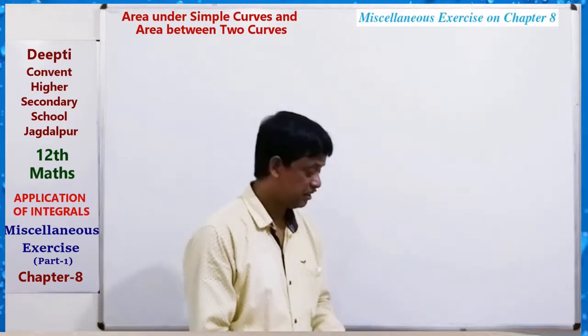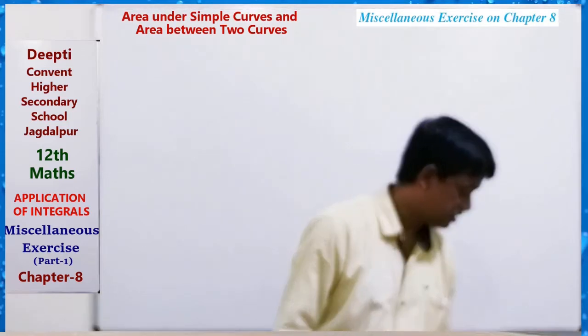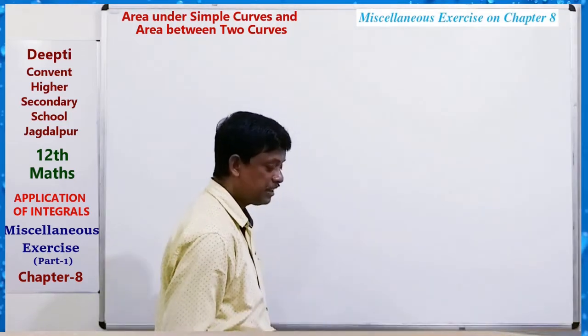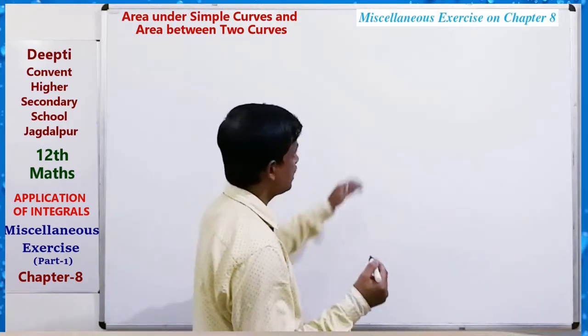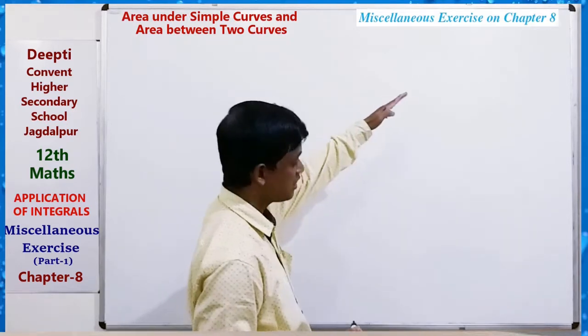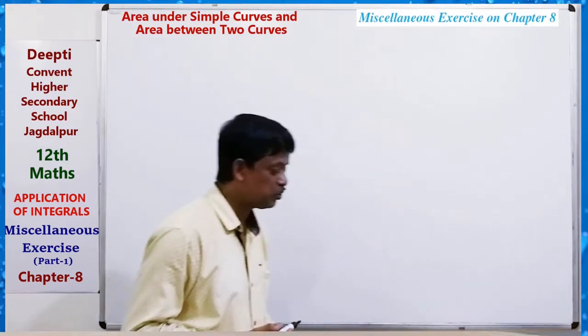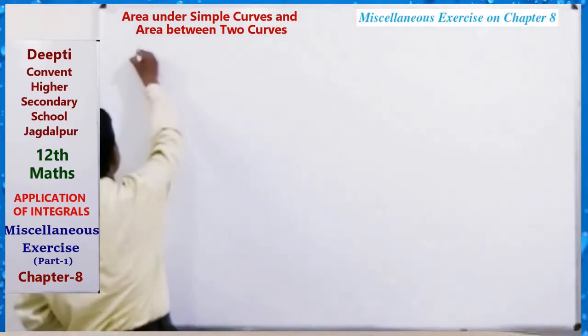Okay, so here I have discussed the area under the given curves and given lines. Here, y equal to x square and x equal to 1, x equal to 2. So first, solution.